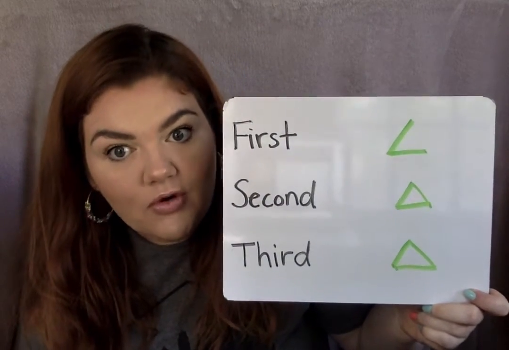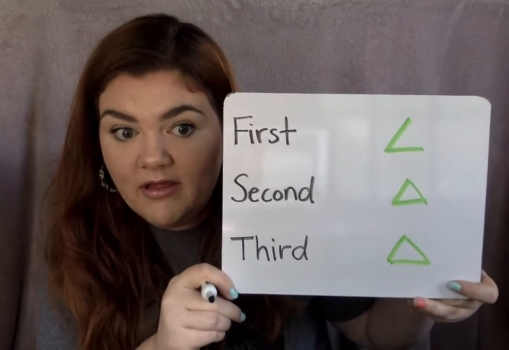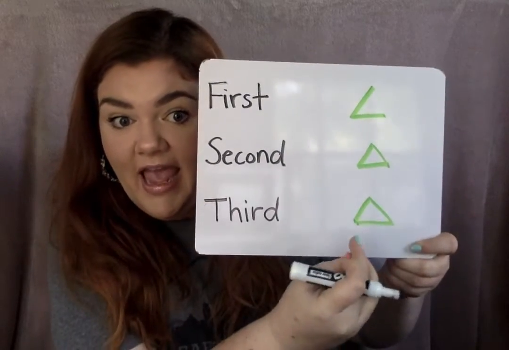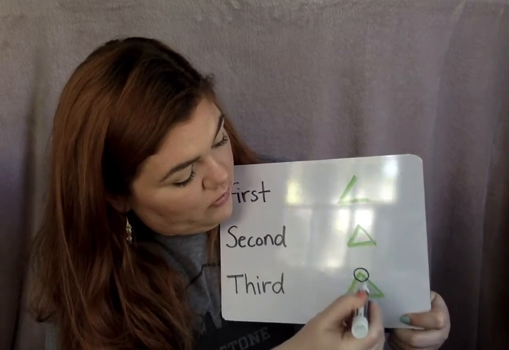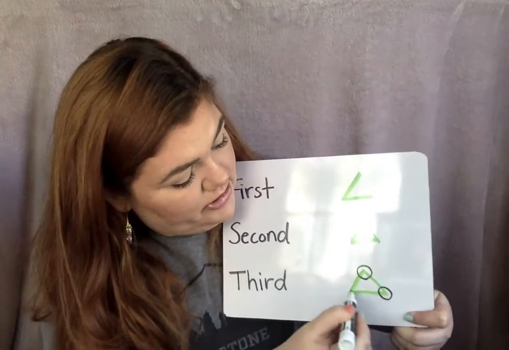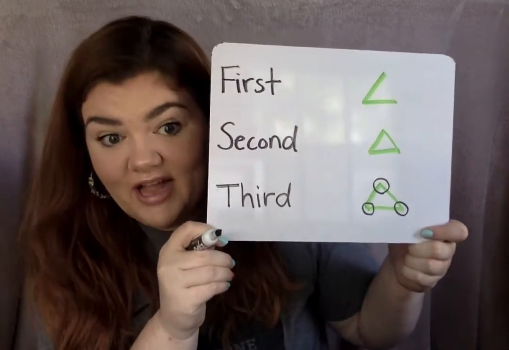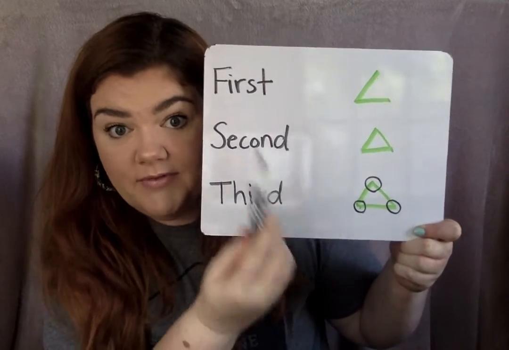Do you guys remember what the corners are in a triangle or in any shape? It's when the sides meet together and make a point, right? So I'm going to circle 1 corner here, 2 corners there, and 3 corners, right? Remember that a triangle has 3 corners. So these are my steps, right?